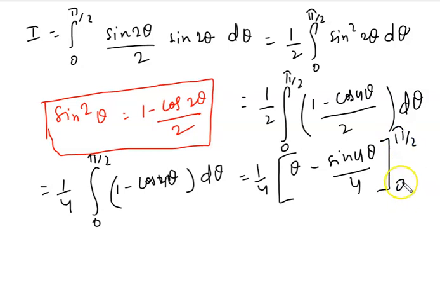When we put 0, the whole term is equal to 0, and now we have to put only pi by 2.